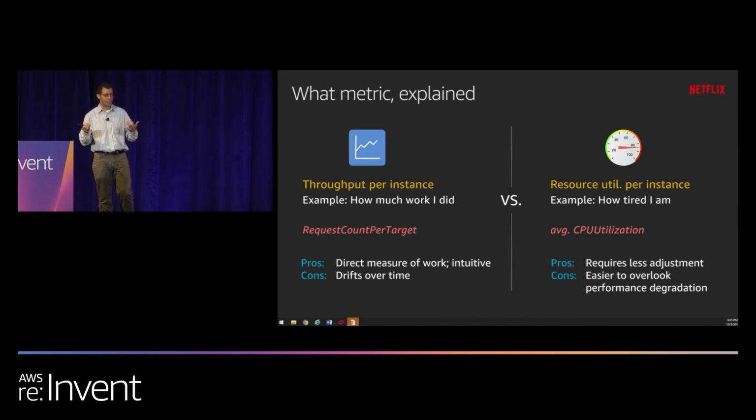If all of a sudden our requests get heavier and consume more CPU, ASG would simply give us more capacity. And that's the beauty of it. It requires less adjustment. However, it's easier to slip in some performance regressions. So if inadvertently you pushed out code that is now heavier on CPU, ASG would scale up to accommodate it, and capacity and cost might increase.